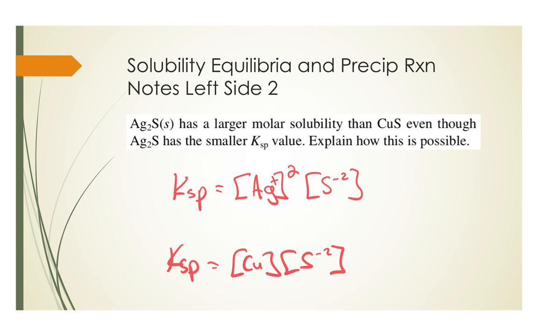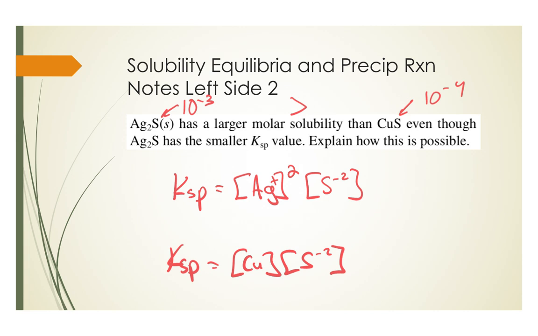All right, so if this thing dissolves, it's possible that, for example, the molar solubility of this substance is 10 to the negative 3rd, whereas this substance, the CuS, would be 10 to the negative 4th. If that's the case, then who has a larger solubility? Well, 10 to the negative 3rd is bigger than 10 to the negative 4th, so that would be greater.